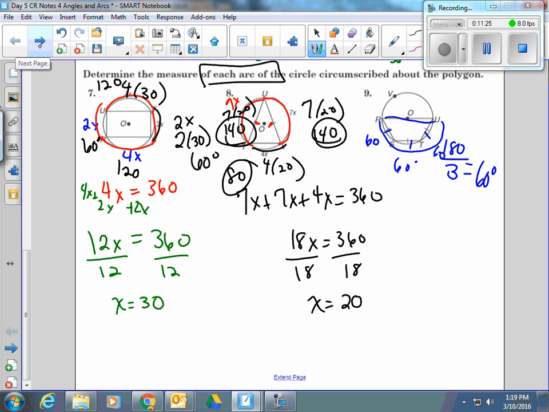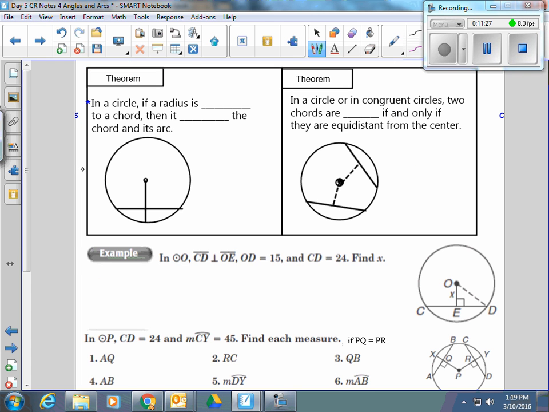All right, take a look at the back side. Okay, somebody tell me what's this right here called? Radius, very good. And then somebody tell me what this side right here is called. It's a what? Chord, very good.